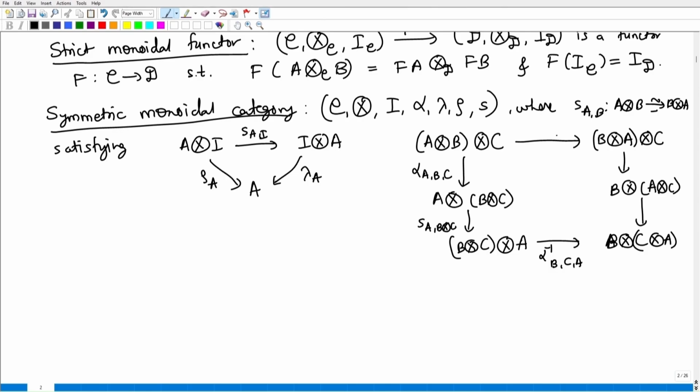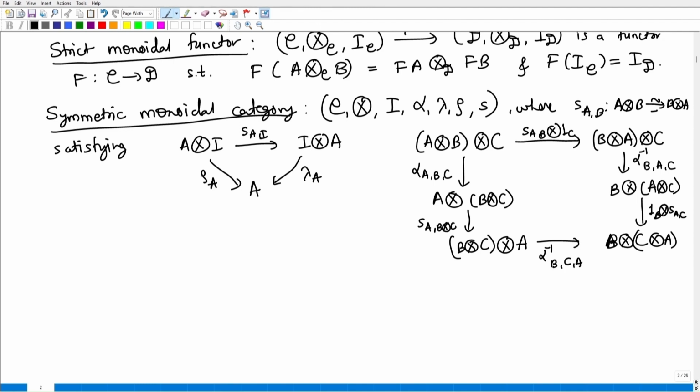Then this one looks like S_AB tensor 1_C. Then over here that is associativity inverse, so alpha inverse_BAC. And over here we have, not alpha, this is 1_B tensor S_AC.